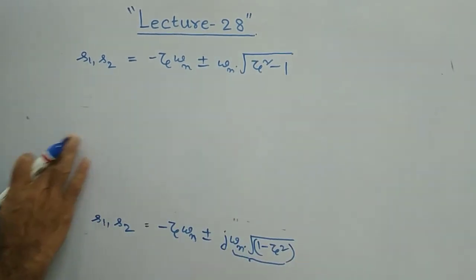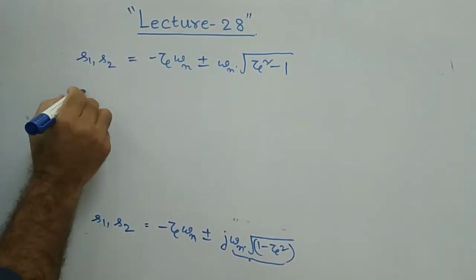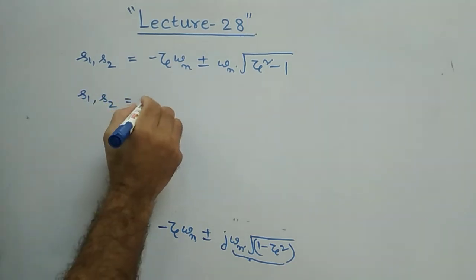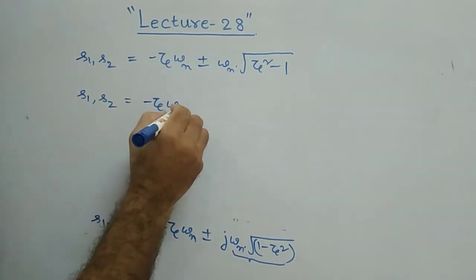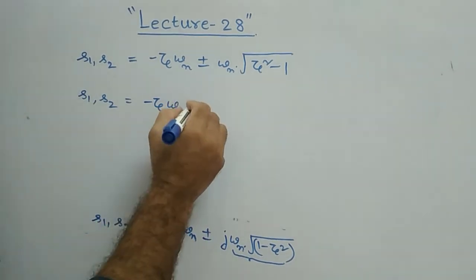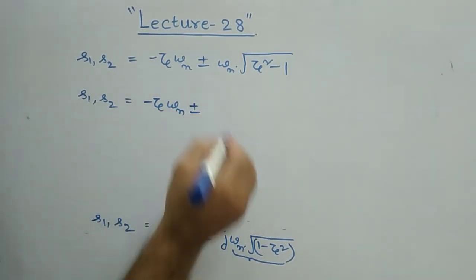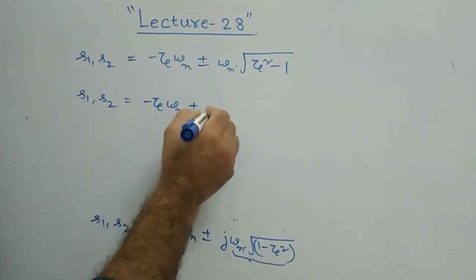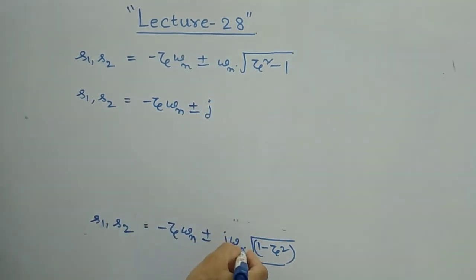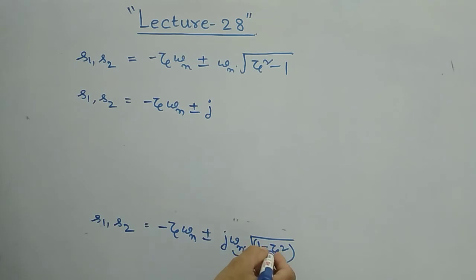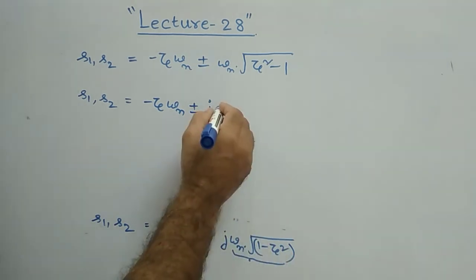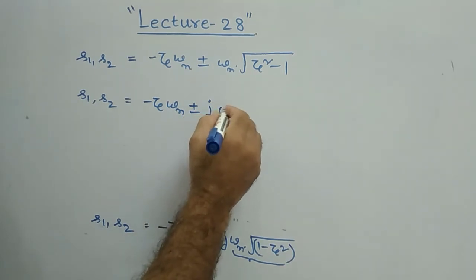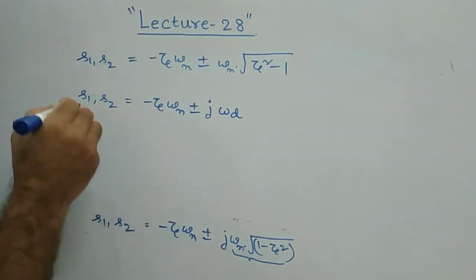So S1, S2 is equal to minus zeta times omega n plus or minus j times omega n into square root of 1 minus zeta square, which is called omega d. Omega d you can write.